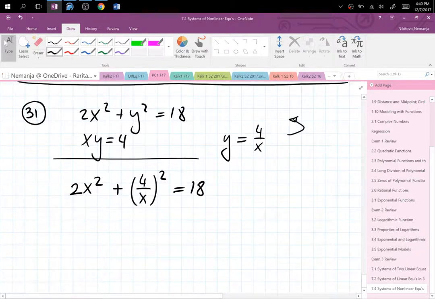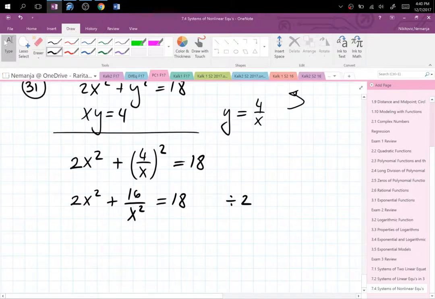So this is one of the ways to solve it. That's going to be 2x squared plus 16 over x squared equals 18. And you can immediately see that everything is divisible by 2, so you get x squared plus 8 over x squared equals 9.